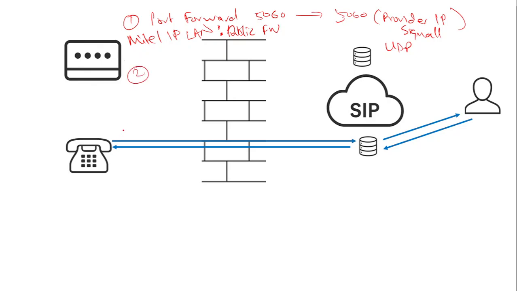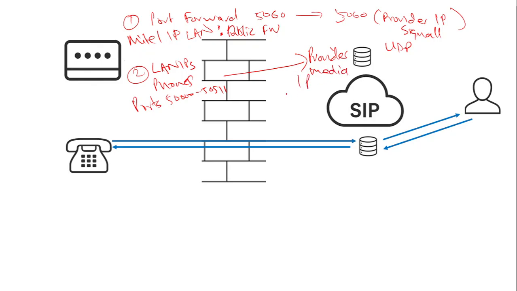And number two, we should be able to allow, this is not port forwarding, allow the LAN IPs for the phones and port ranges to the port ranges of the provider media IP and ranges and port range, and vice versa for the return traffic.